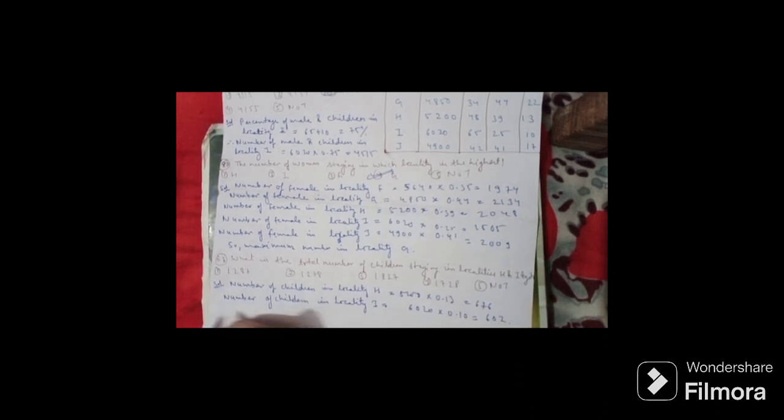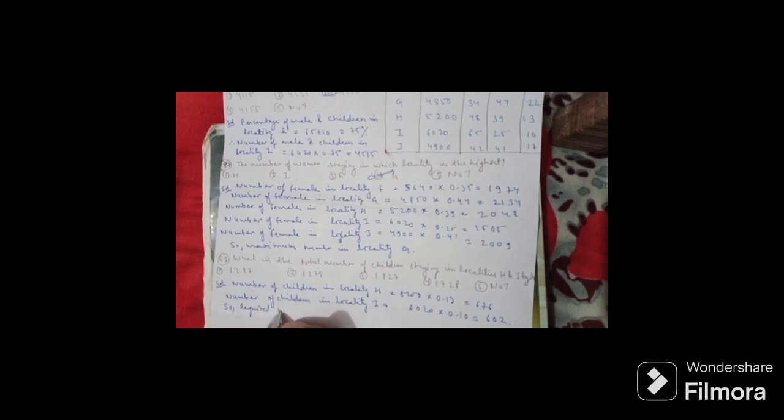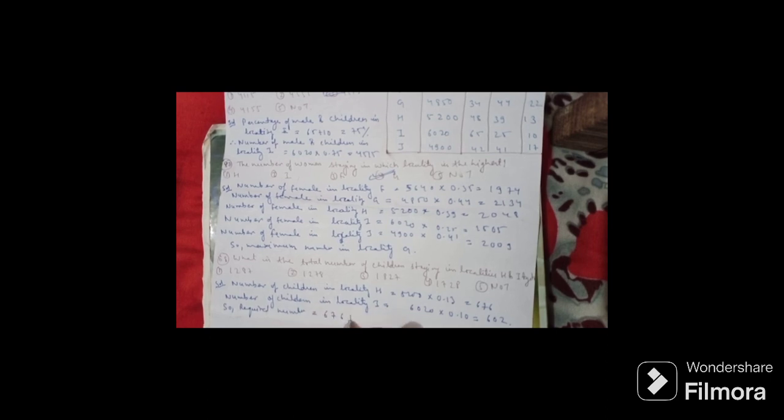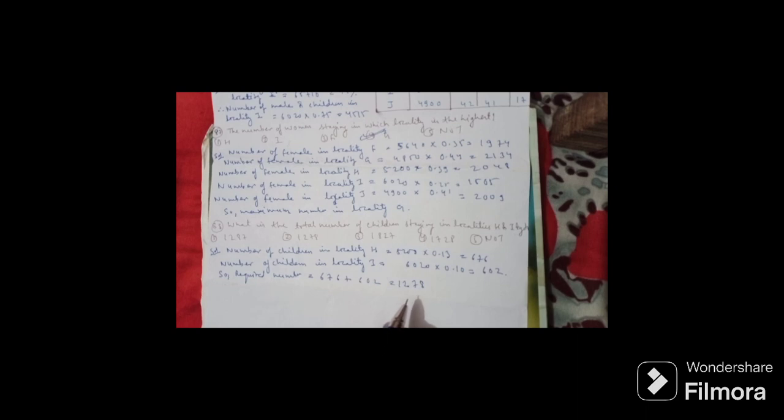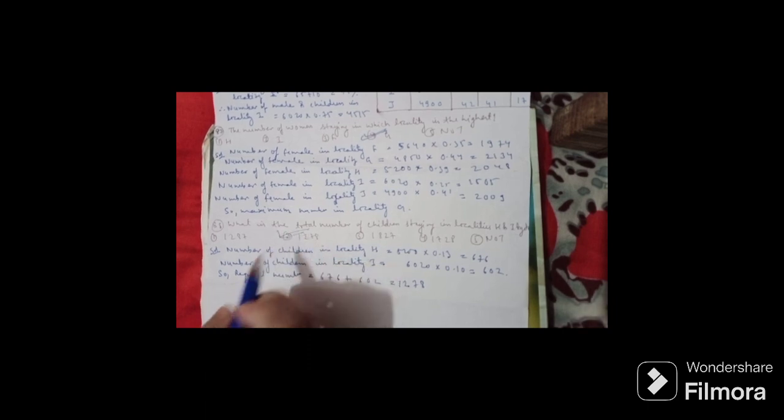So required number 676 plus 602 goes to 1278. 6 plus 2 is 8, 7 plus 0 is 7, 6 plus 6 is 12, so 1278 that we have as an answer. So 1278 is your option 2, the right answer.